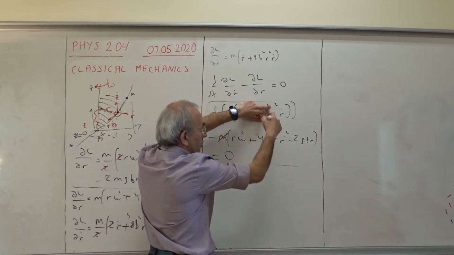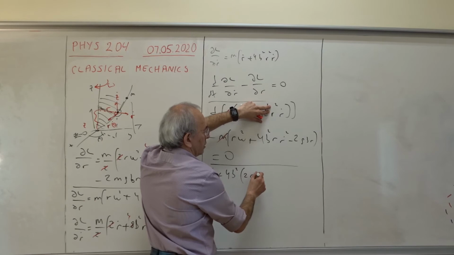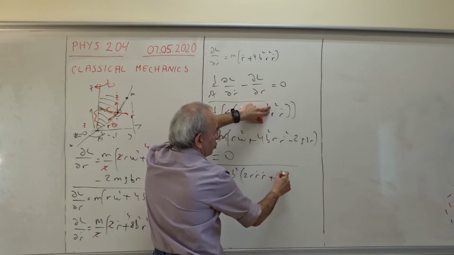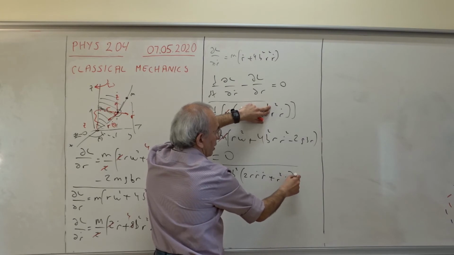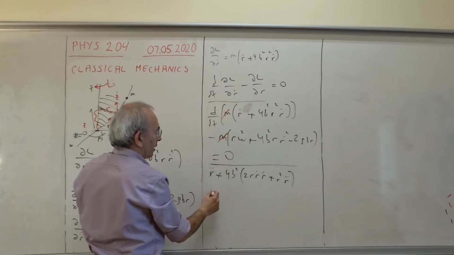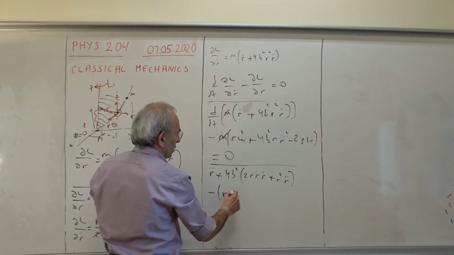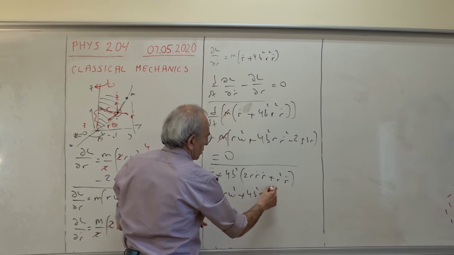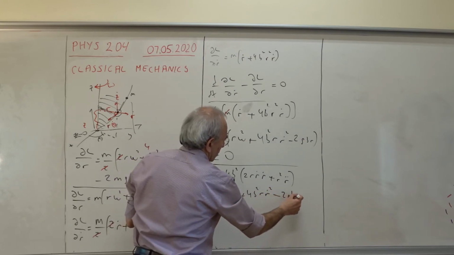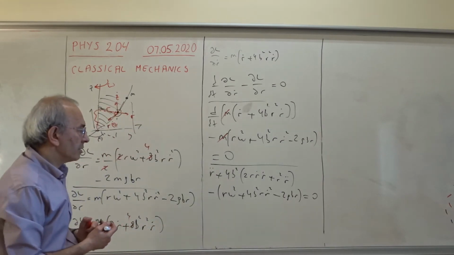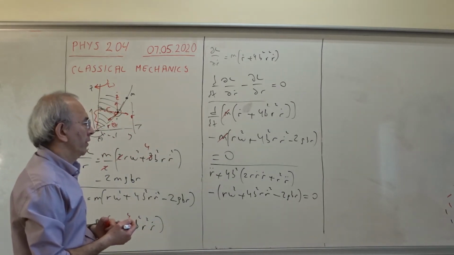So this becomes first 2r r dot times the other r dot, plus first one r squared times the other one r double dot. And we continue with the lower line, minus r omega squared and the rest. And that's equal to 0. Maybe there are some cancellations.